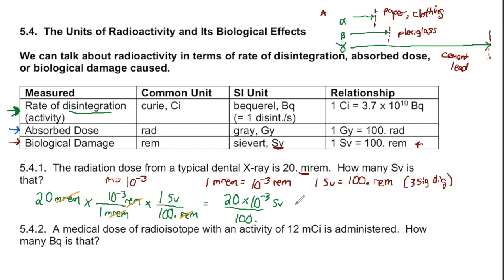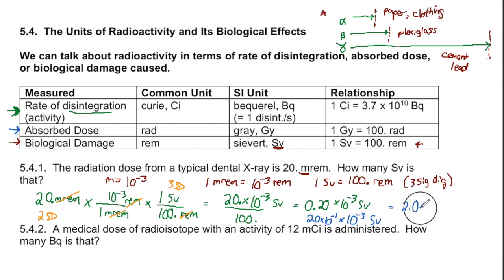20 divided by 100 is 0.2. We also had a decimal after the millirem, so we have 2 significant digits there. So we have 0.20 times 10 to the negative 3. 0.20 is the same as 2.0 times 10 to the negative 1 times 10 to the negative 3.